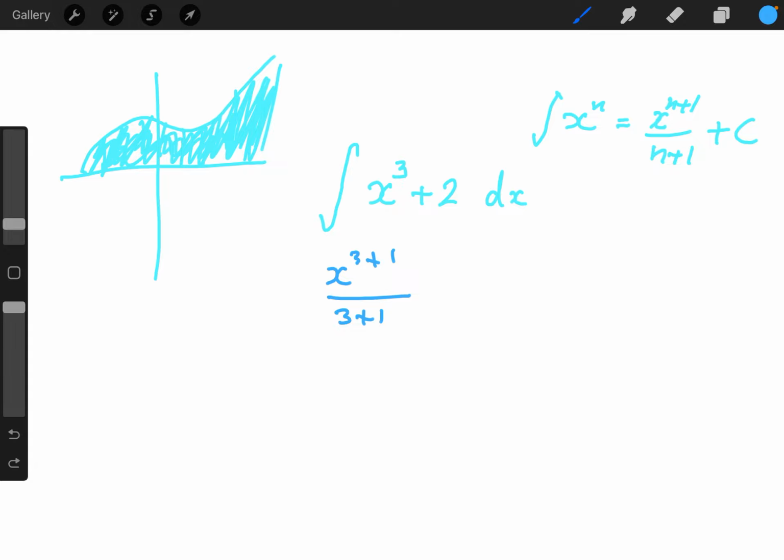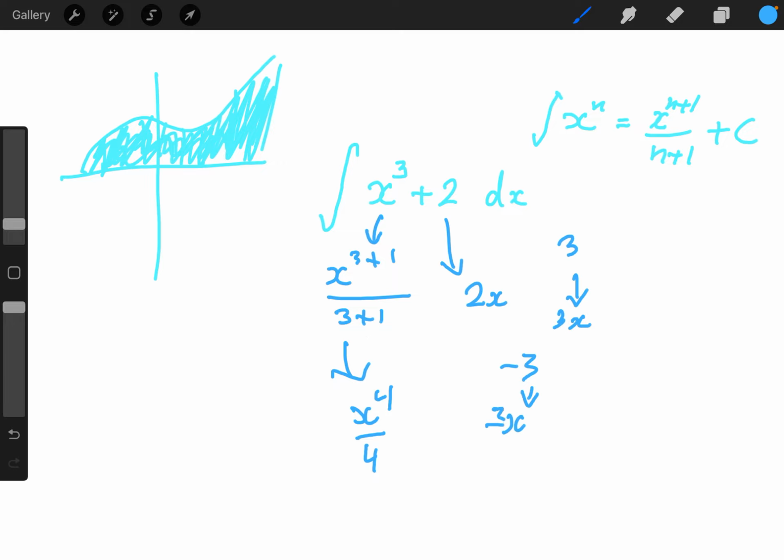Because you can think about it as, alright, this first term goes into x to the 4 over 4, but this 2 doesn't have an x, so it's kind of like x to the power of 0. So you just add 1, so it just becomes 2x. So just a constant. So if it was 3, it becomes 3x. If it was negative 3, it'll become negative 3x.